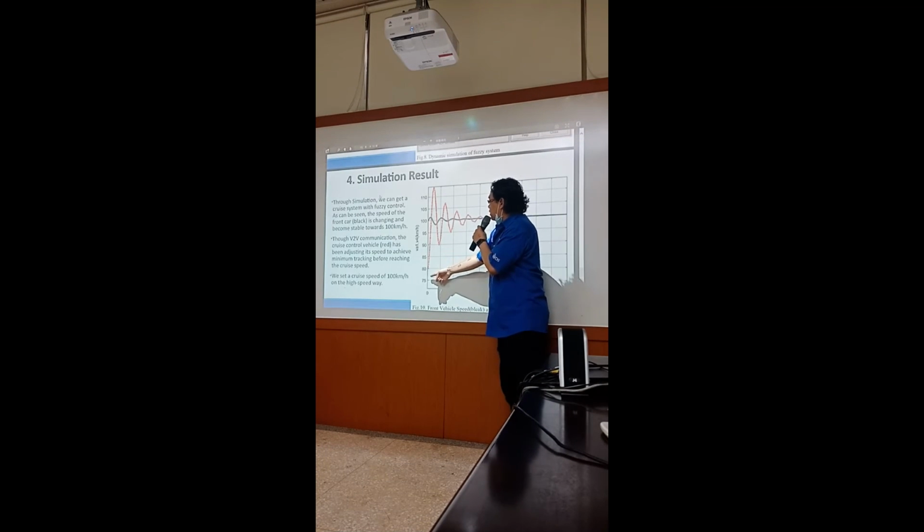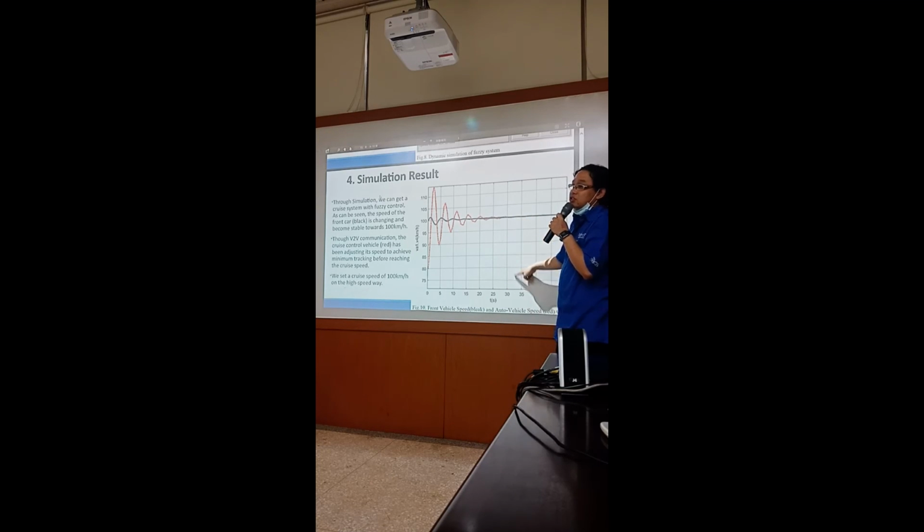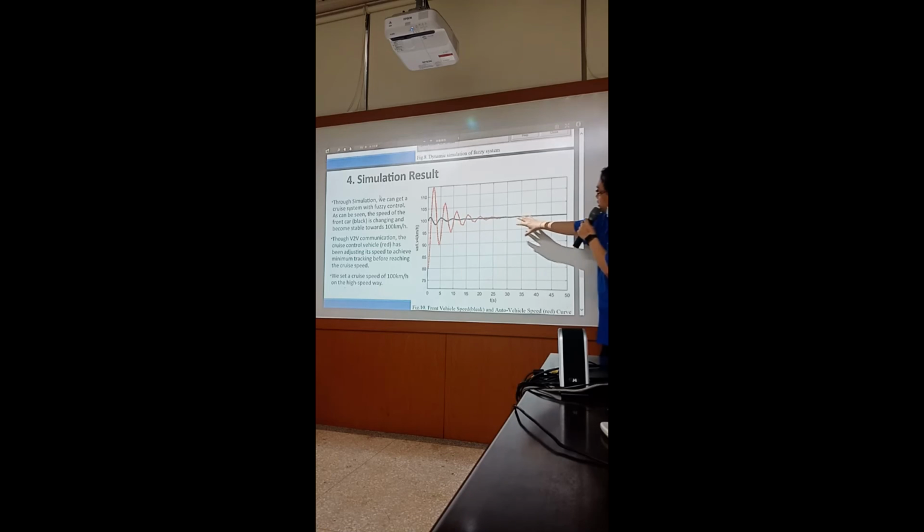The automatic driving vehicle at first needs to adjust many times, like from 80 km per hour, maybe it speeds up to 120 and then goes down, and it becomes stable at around 30 seconds. So the automatic driving vehicle can adapt to the speed at around 30 or 25 seconds.